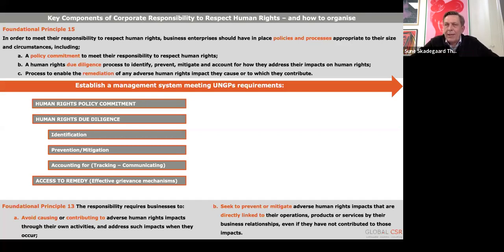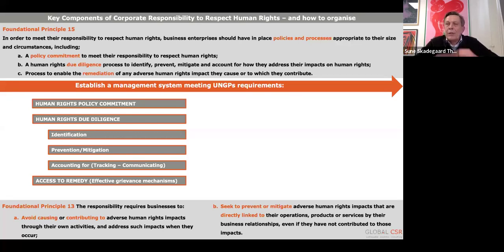The second part, and that's very relevant for investors, is that any business, also the investment company, should seek to prevent and mitigate adverse human rights impacts that are directly linked to their operations, products, or services by their business relationships, even if they didn't contribute to those impacts.